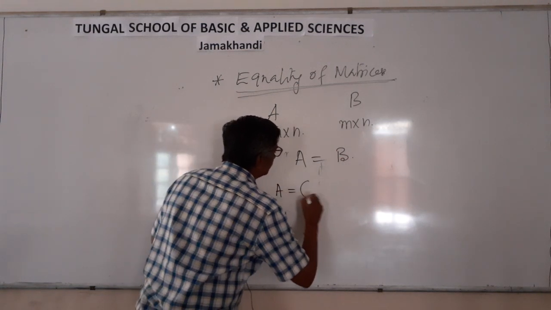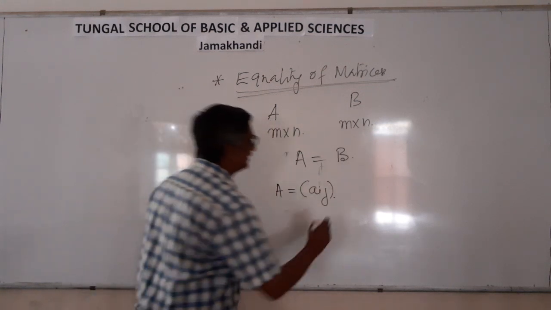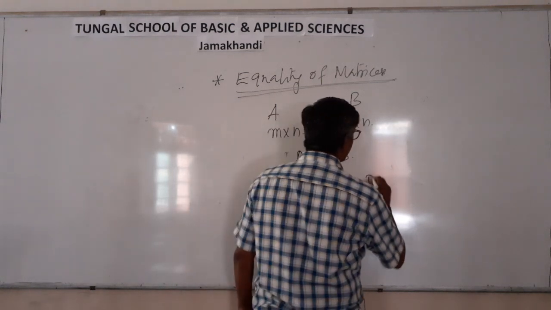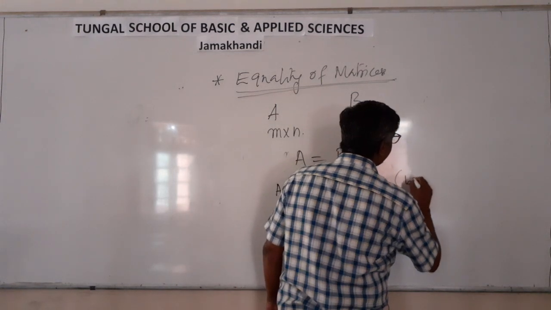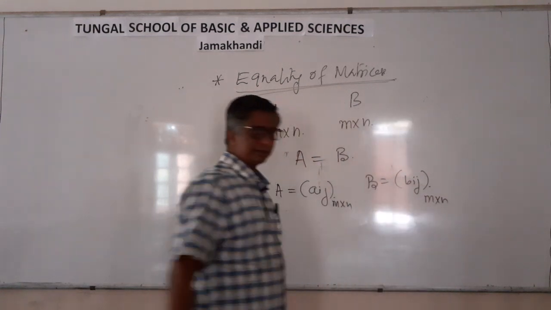A equal to Aij, it is m into n. B equal to Bij, it is also m into n.